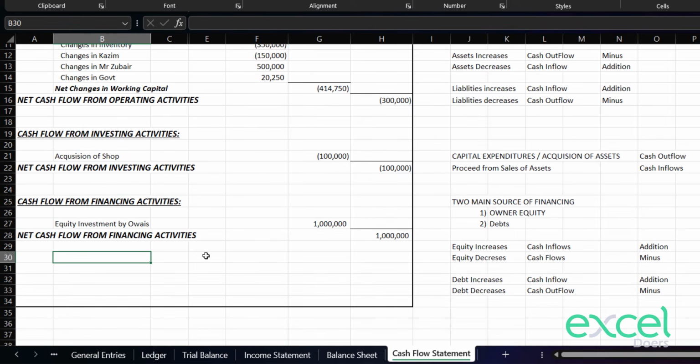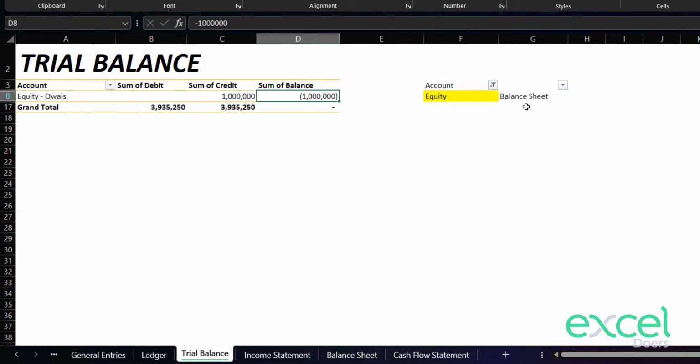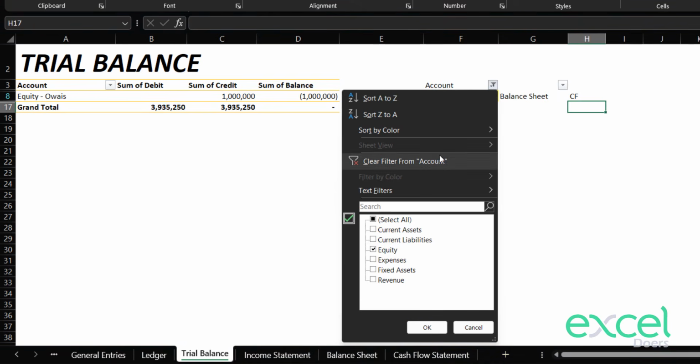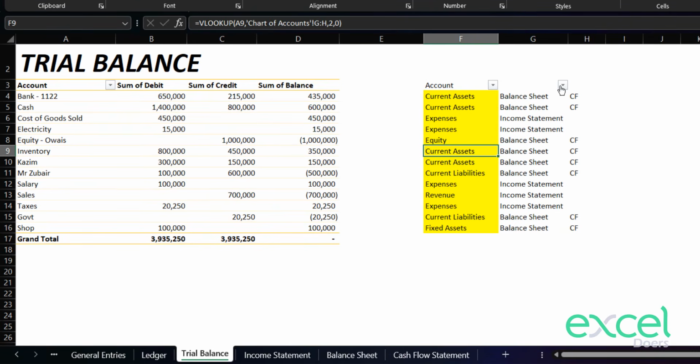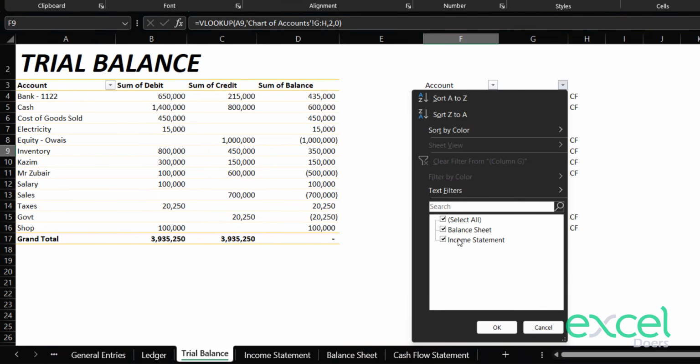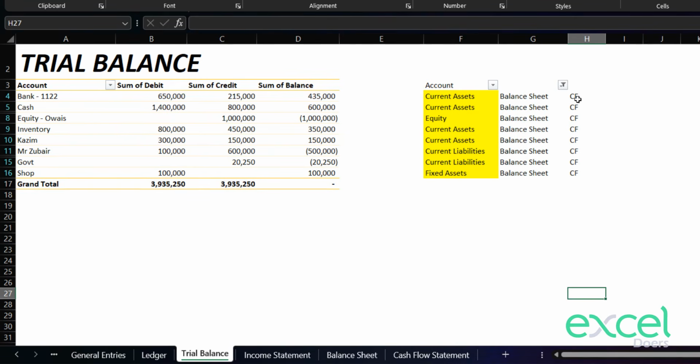So now here I have to, because I am taking the changes, remember, if I come here again, I have taken this into a cash flow, and if I defilter it, please remember most of the cash flow comes from the balance sheet. So let me just take the balance sheet here. See, I have taken everything.